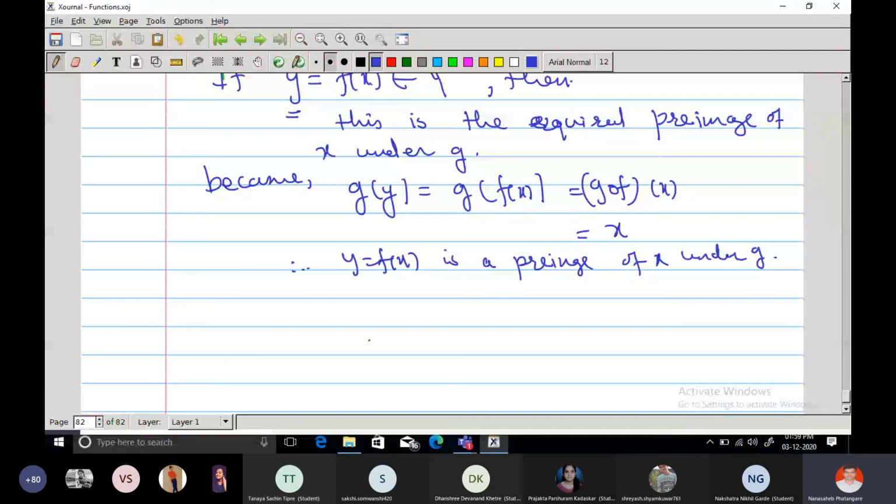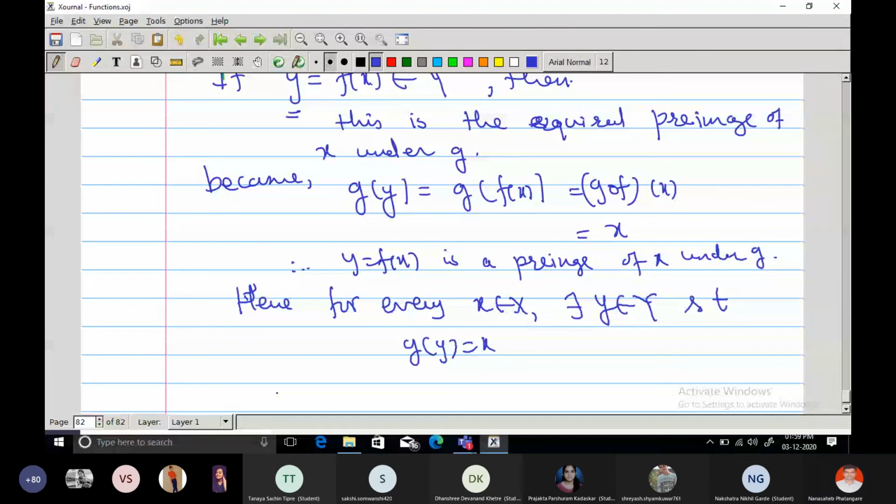Is the proof clear? Hence, for every x in X, we can produce y in Y so that g of y is equal to x. Therefore, g is onto.